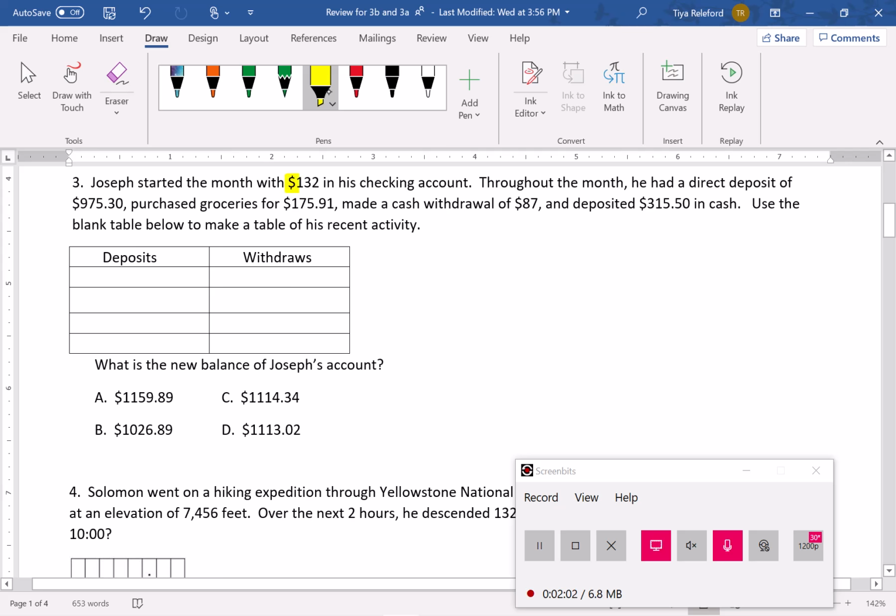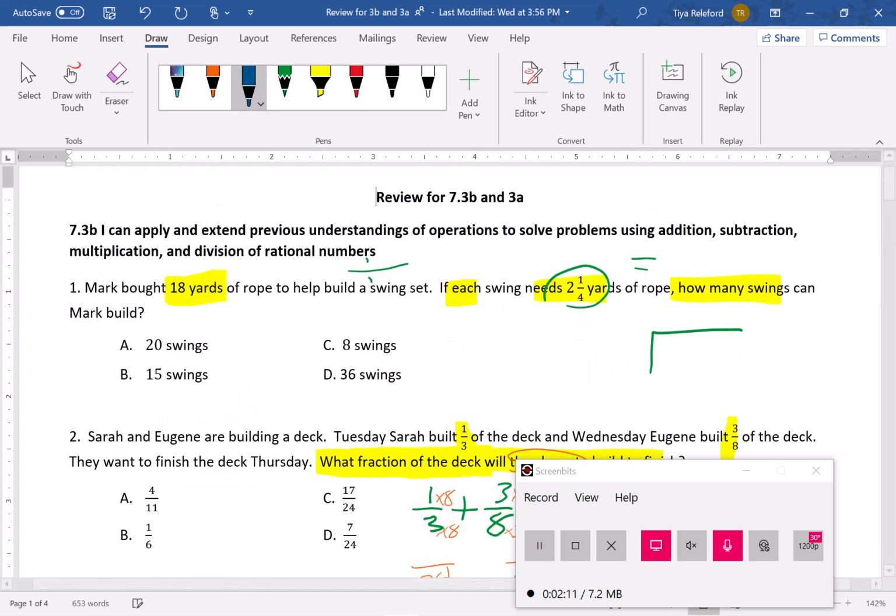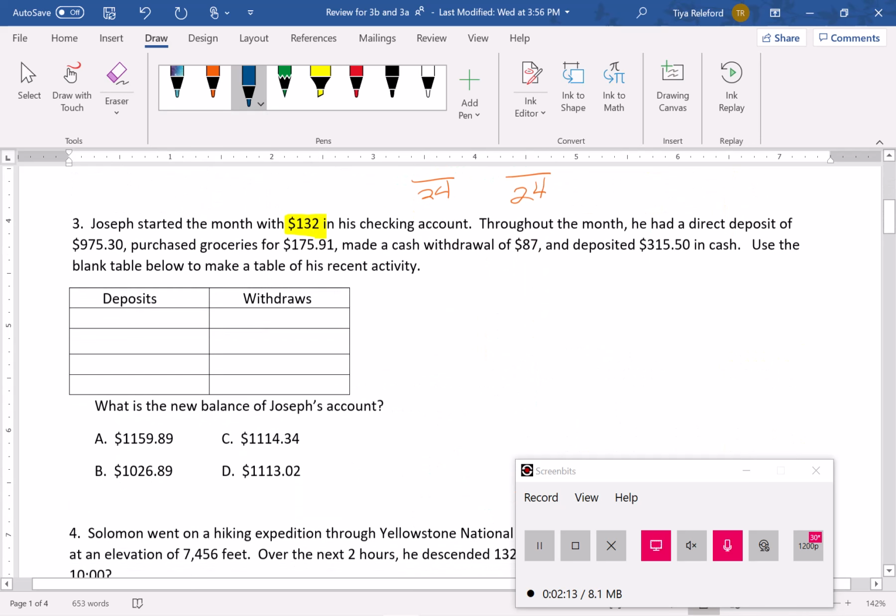Joseph started the month with $132 in his checking account. Let's change colors. That is a positive. Throughout the month, he made a deposit of $975.30, he purchased groceries for $175.91.